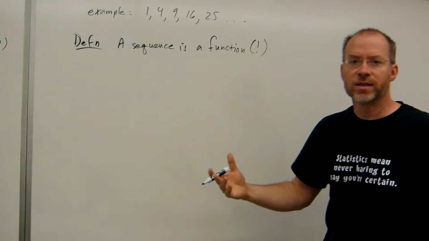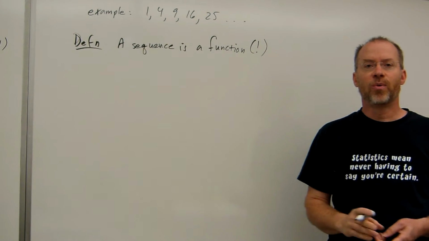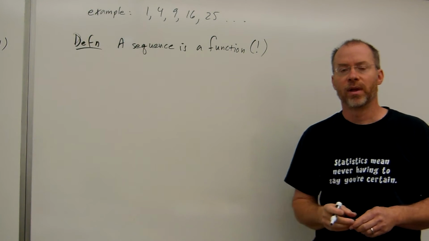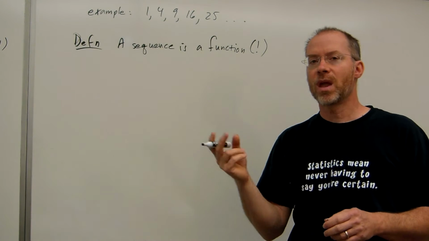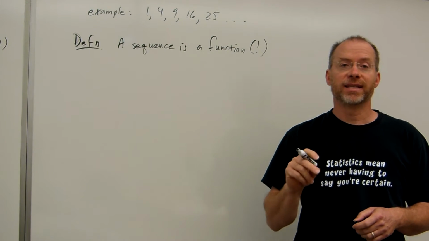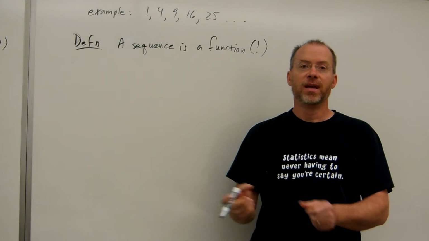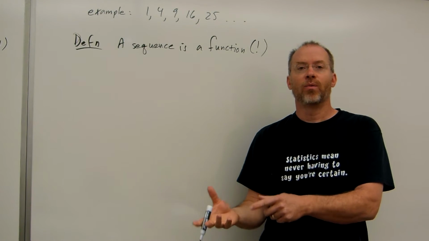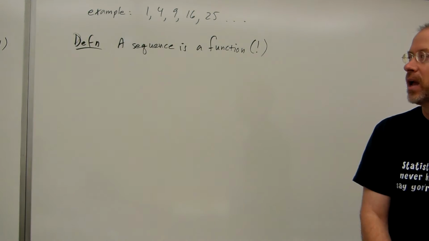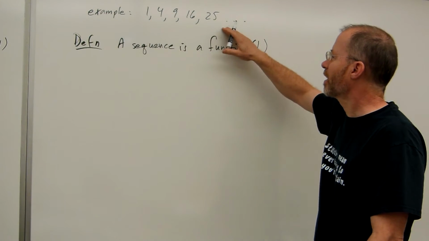So remember functions, you got that in 2.1. The definition was it's a relation, an input-output relation, in which every element of the domain, every x, every input, has exactly one output, right? It's a function if, when you know what the value of x is, you can figure out the value of y.